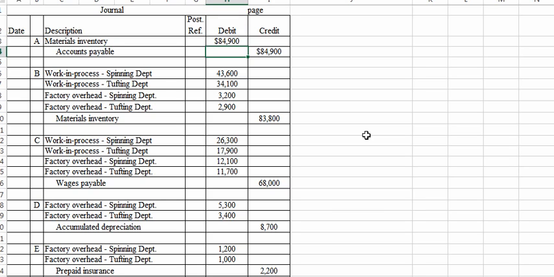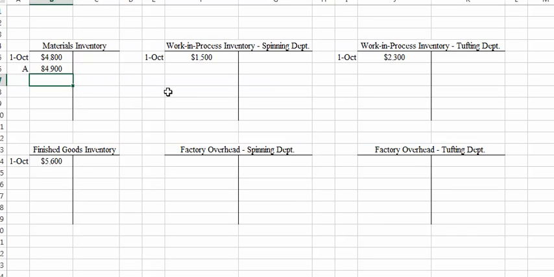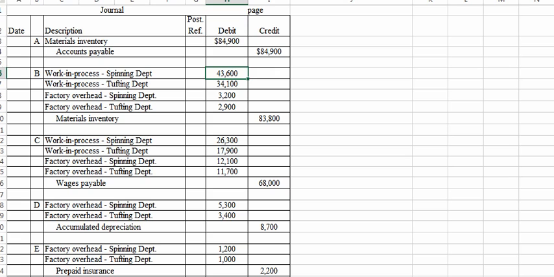They're just wanting us to update the inventory accounts and the factory overhead accounts. So we'll do work in process inventory for the spinning department. It's a debit for $43,600. Okay, and then on B we'll also debit work in process inventory for the tufting department, $34,100.